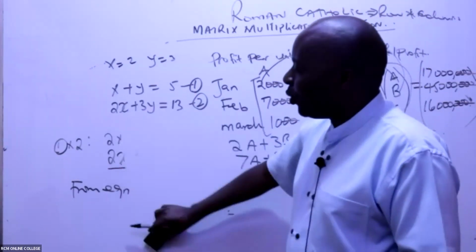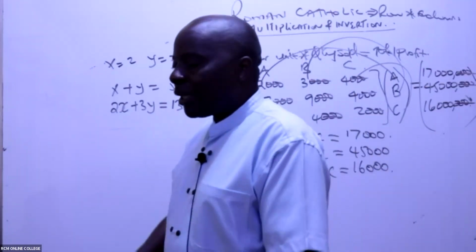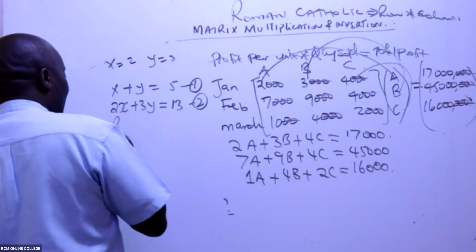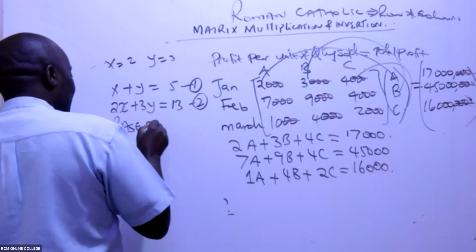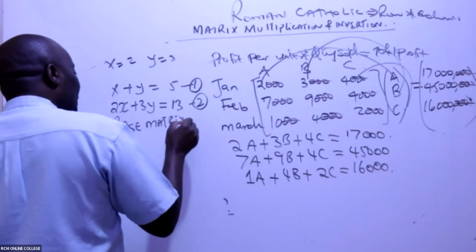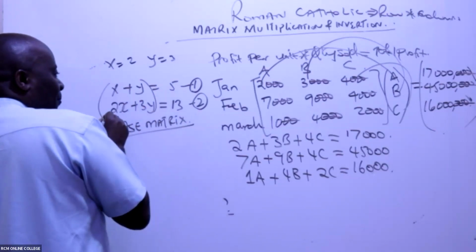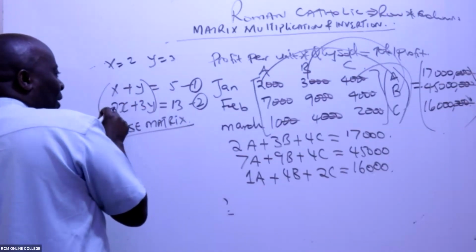Under Cramer's rule, first of all, you get what we call the base matrix. That is the first thing, base matrix. This base matrix is the matrix of these coefficients, those numbers that come before x and y.